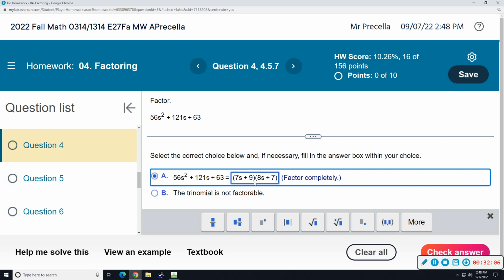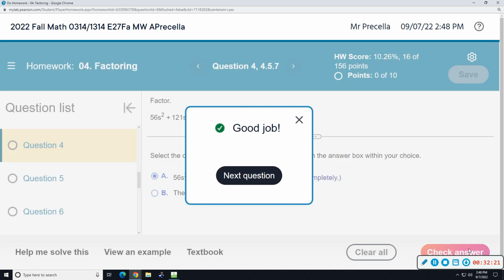By the way, you could have typed the 8s plus 7 first, and then the 7s plus 9. The order in which you write the two parentheses doesn't matter. So I will click check my answer. Any questions?